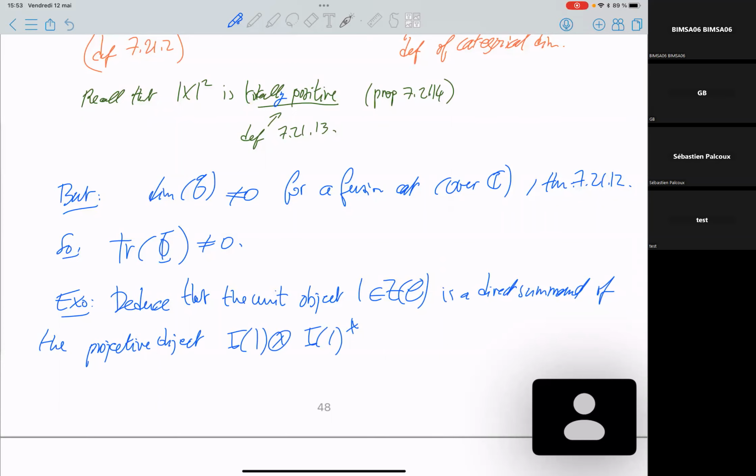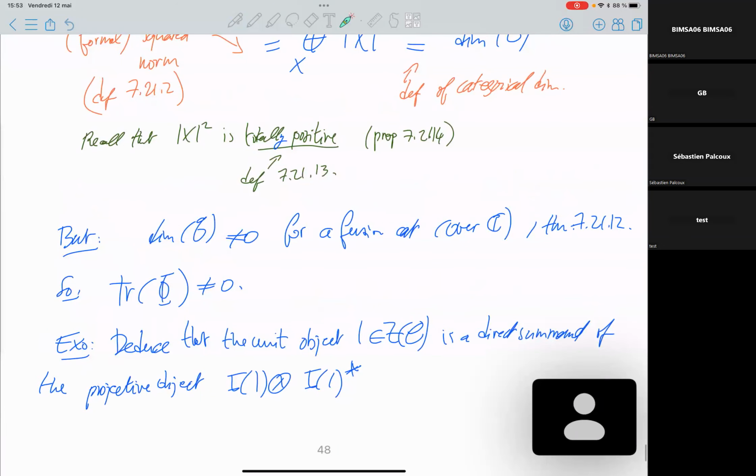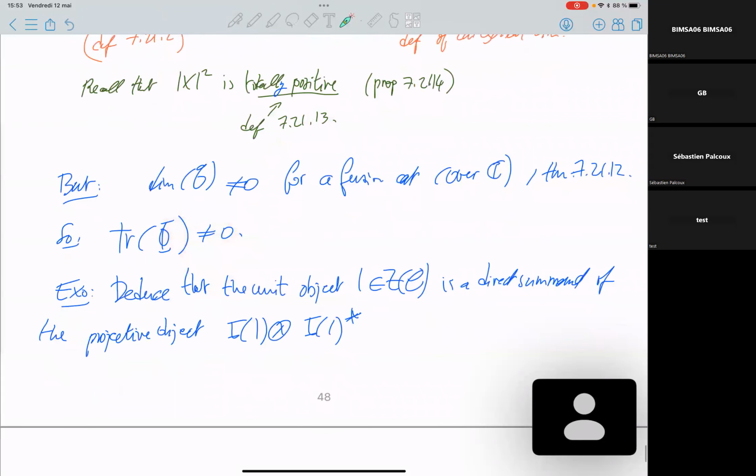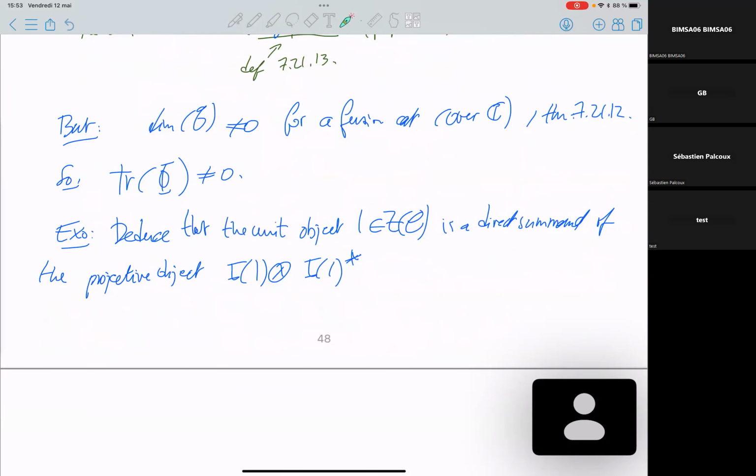So we need to use this non-zero trace and deduce that I1 is a component of this object, which is projective. And so as a component of a projective object, it will be projective itself. So 1 is projective, which is equivalent to the center being semi-simple.